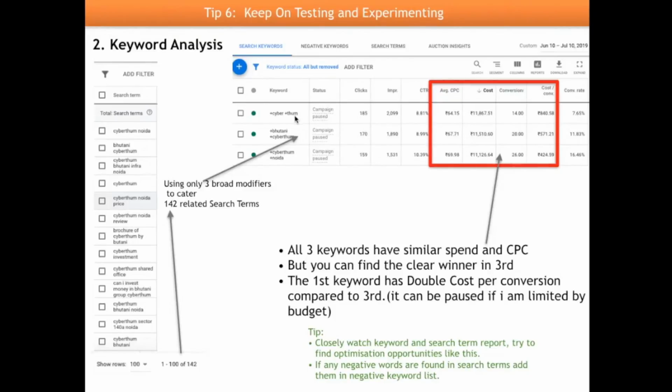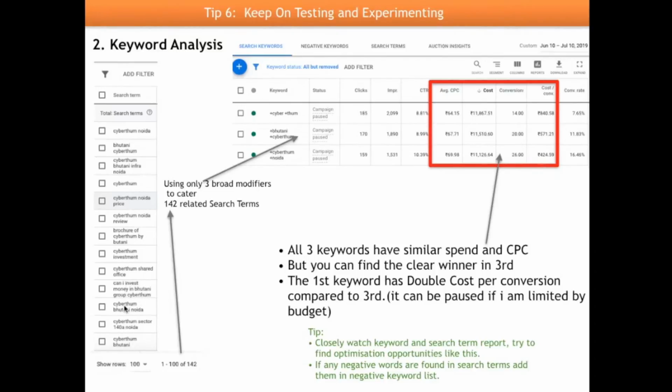Using these particular broad match modifiers, just 3 modifiers, I was able to reach about 142 search queries. With modifiers, this is the beauty of modifiers. If anybody is searching for Cybertham Noida, Bhutani Cybertham, Cybertham Bhutani Infra Noida, or some personal query like, can I invest money in Bhutani Group Cybertham, and different things.